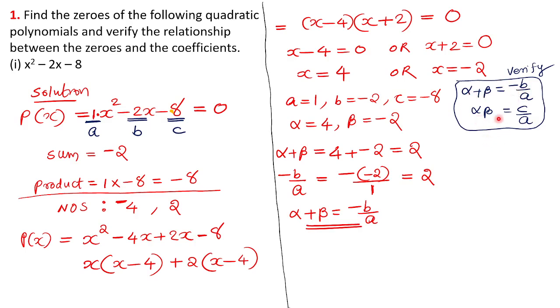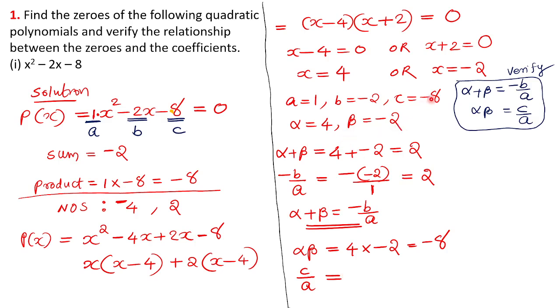The second part to be verified is alpha beta equal to c by a. What is alpha beta? Alpha is 4 and beta is minus 2. 4 into minus 2, which is equal to minus 8. Right side is c by a.